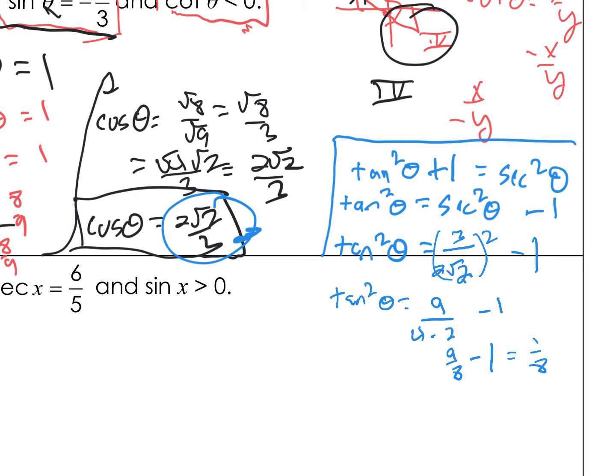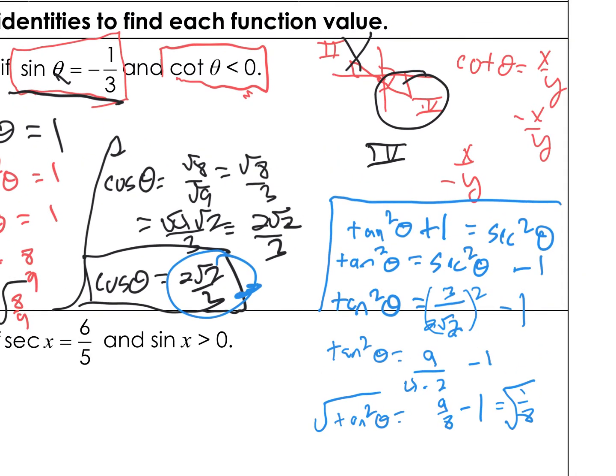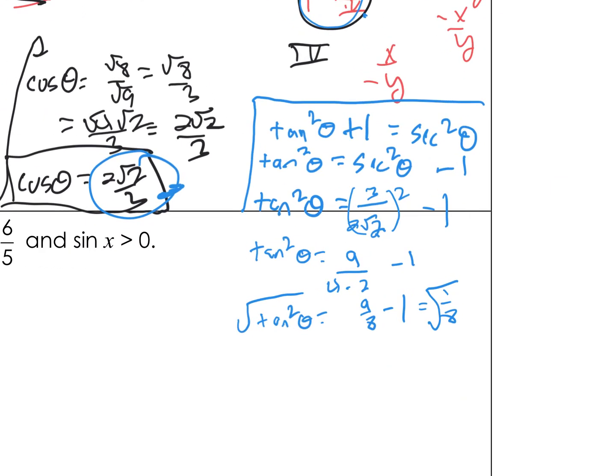So remember what we just found. We found tangent squared theta is 1/8. Square root both sides, and remember that we want quadrant 4. Up here at the top, we had already established that I'm going to take the negative answer, because when you square root both sides, you get plus or minus. Which one do I want? I want the tangent that's going to be negative, because that's where the cotangent was going to be negative as well. And that was a requirement at the beginning.